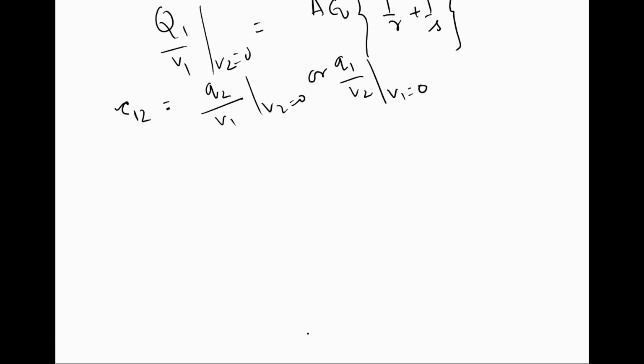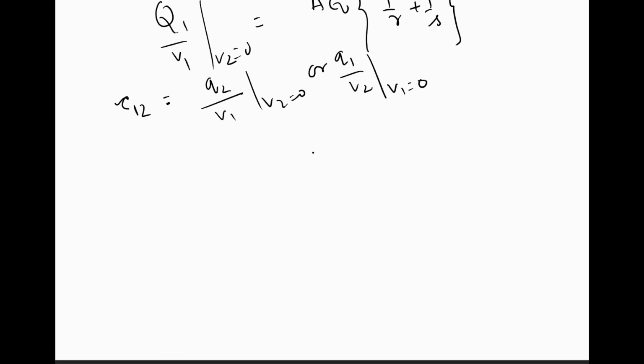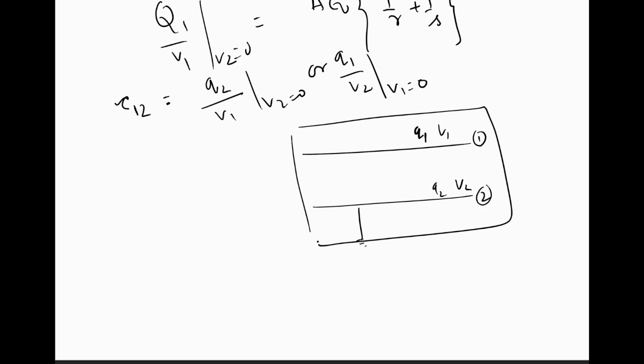So again we will take our previous case only, where this is plate 1, this is plate 2, this is at V1 with charge Q1, this is charge Q2, this is V2, and this is grounded, and this is the metallic enclosure, and this is R distance, this is S distance, and this is T distance.